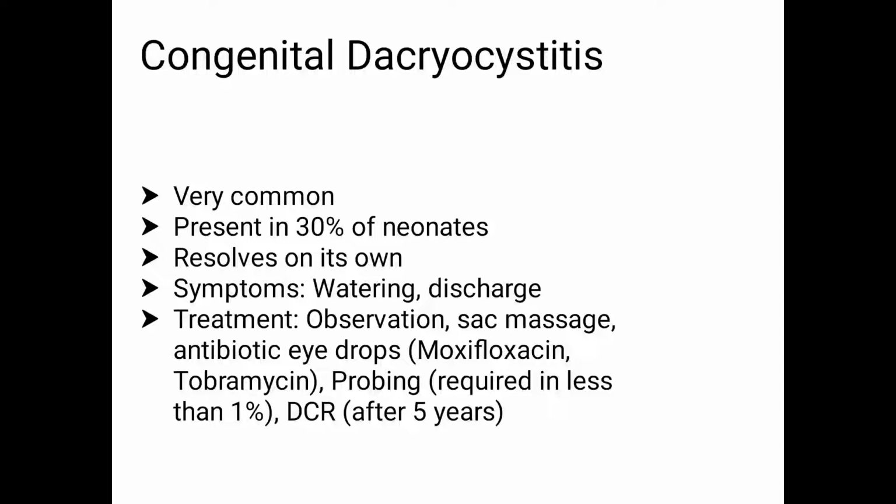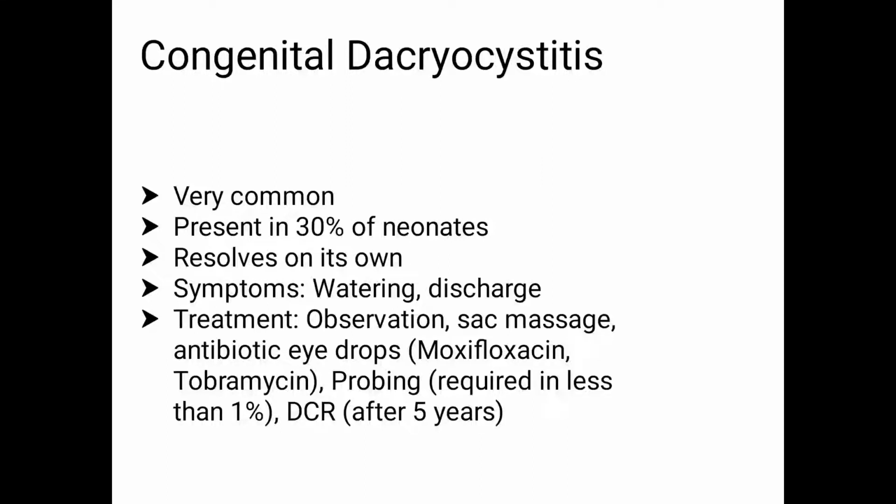What do we do in probing? We just pass a very thin probe through the lacrimal punctum. It will pass through the canaliculus, lacrimal sac and nasolacrimal duct, and we just get a giveaway feeling when we pierce that wall which was not canalized, and then it will solve our problem of obstruction.